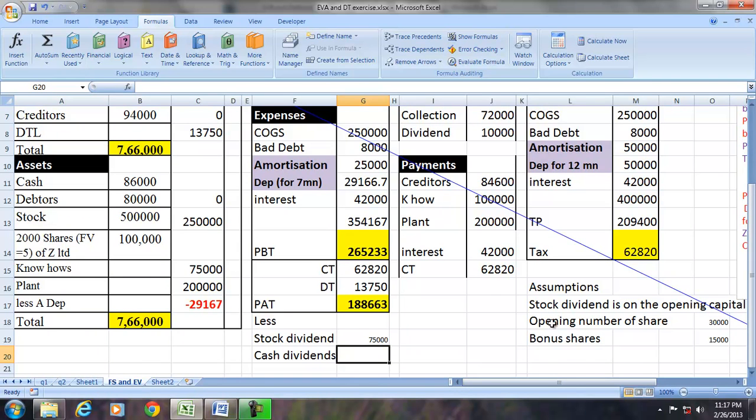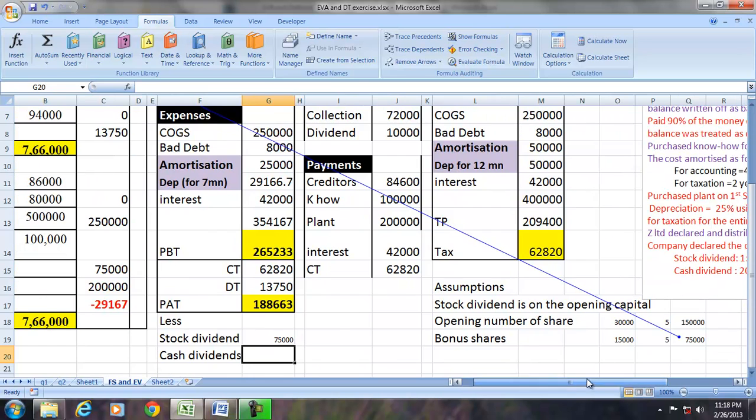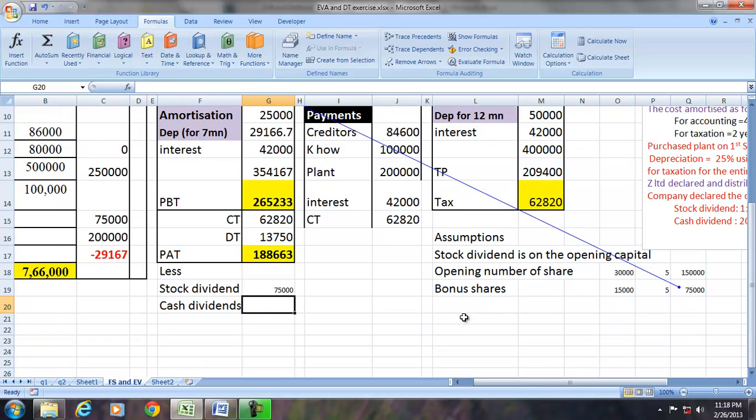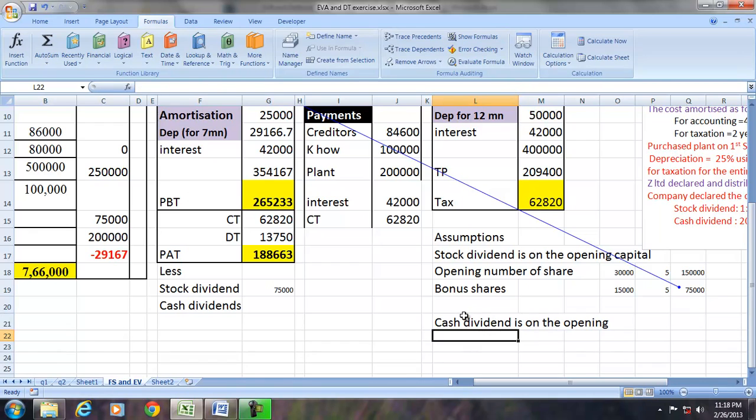Similarly, cash dividend has been declared at 20%. So let us make an assumption that the cash dividend is on the opening capital. If the cash dividend is 20% of opening capital, the dividend will be issued on 150,000 into 20%.